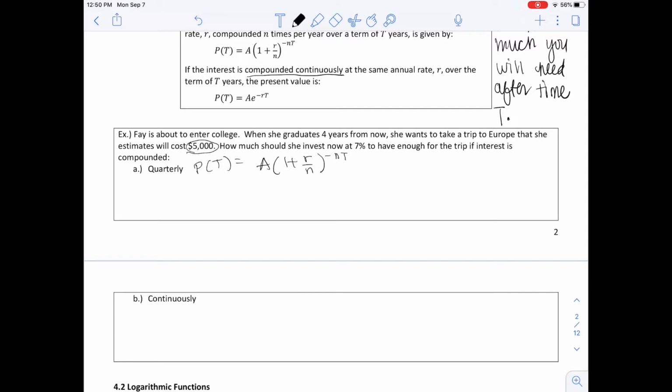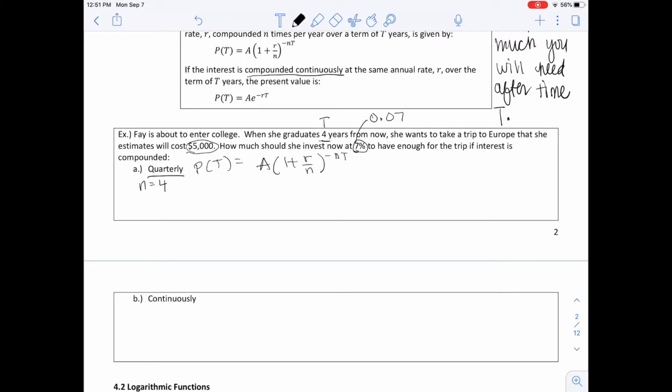Then our interest rate here is 0.07, expressing that as a decimal. And she has to wait 4 years until she's done with college in order to go, and so this is our T. It also tells us that it's being compounded quarterly, so n is equal to 4.